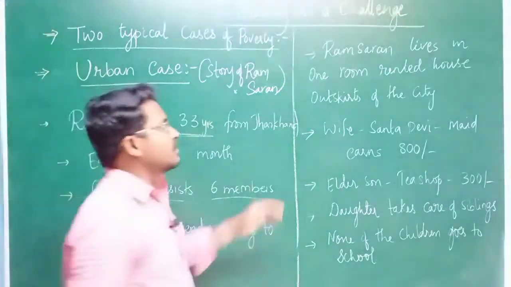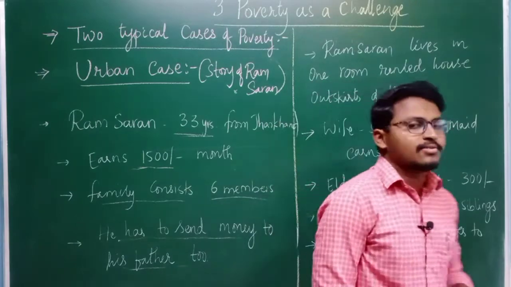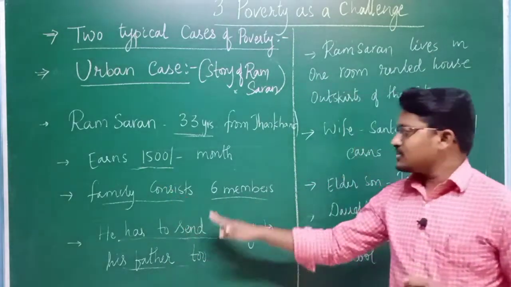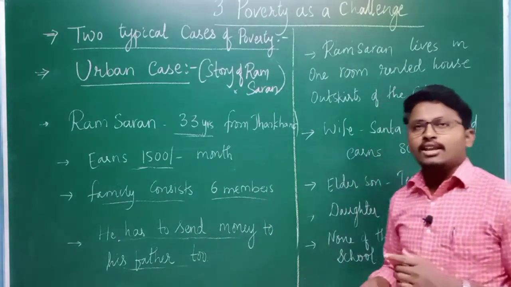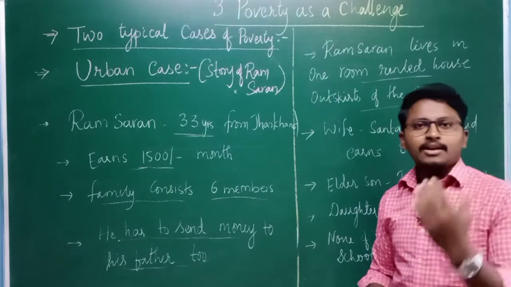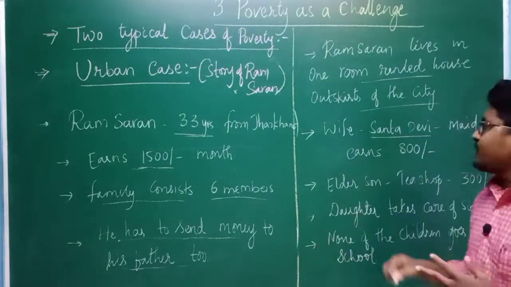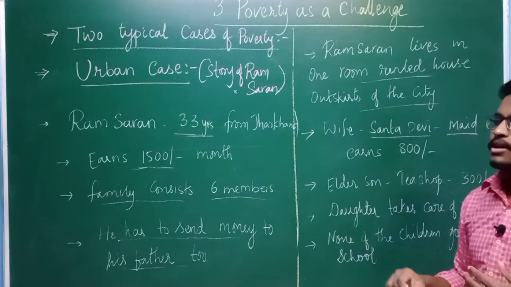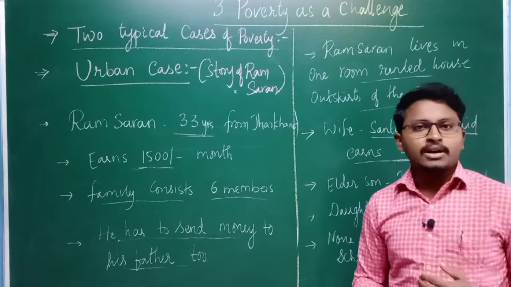Then the other thing is that Ram Saran lives in a one room rented house in the outskirts of the city. All 6 members of the family live in one single rented room. Ram Saran has a wife, Santa Devi, who also works as a domestic worker and earns 800 rupees per month.